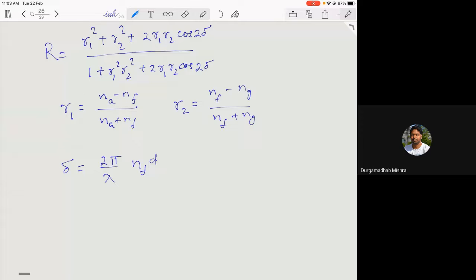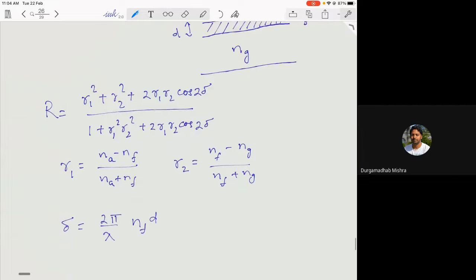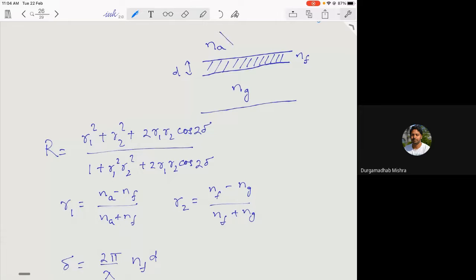This is the path difference that you have introduced, and it is related to the phase difference that appears when the wave is reflected from the top surface. So this is one reflection, and then there is another reflection from the interface.